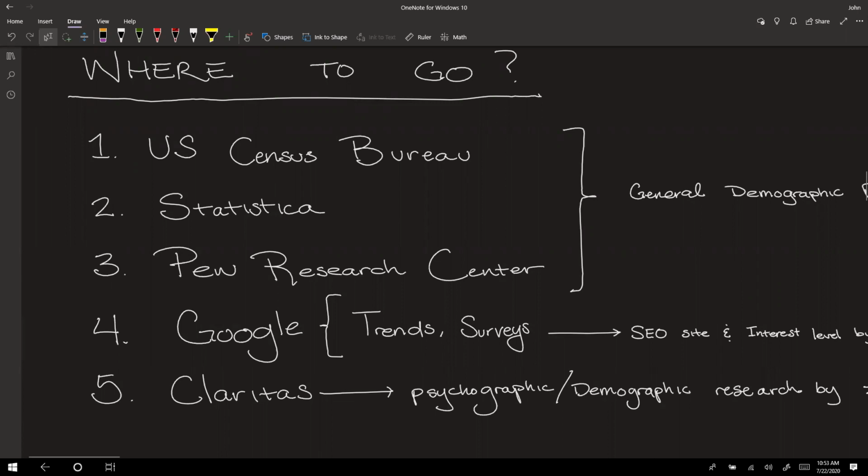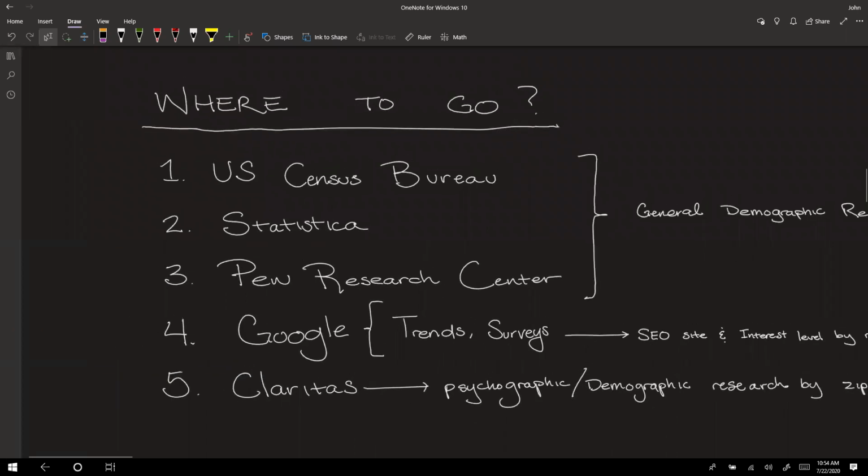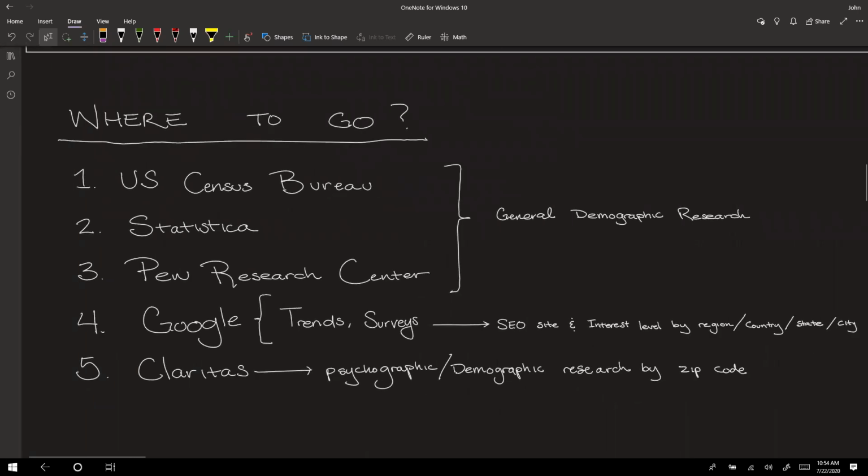I worked in Mexico with some small businesses, and one of the things that I had to do for them is I had to do market research to understand Chicago and Milwaukee markets so that they could see if it was a good thing for them to export to and what people thought about their product, right? So I had to do a lot of research like that, and these are some places that I saw were really good for research.